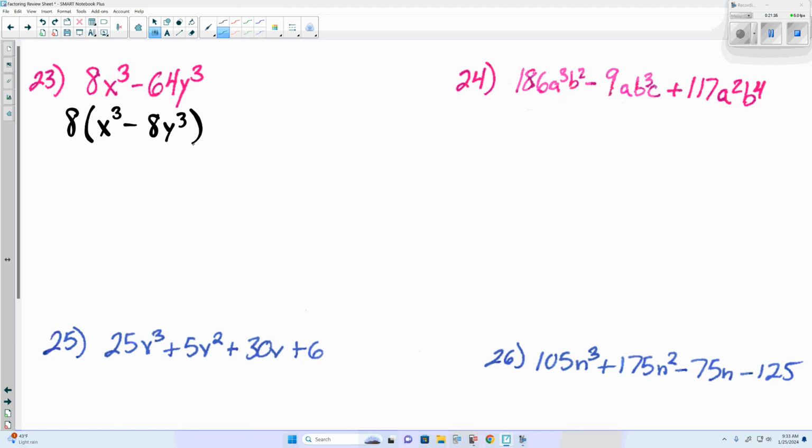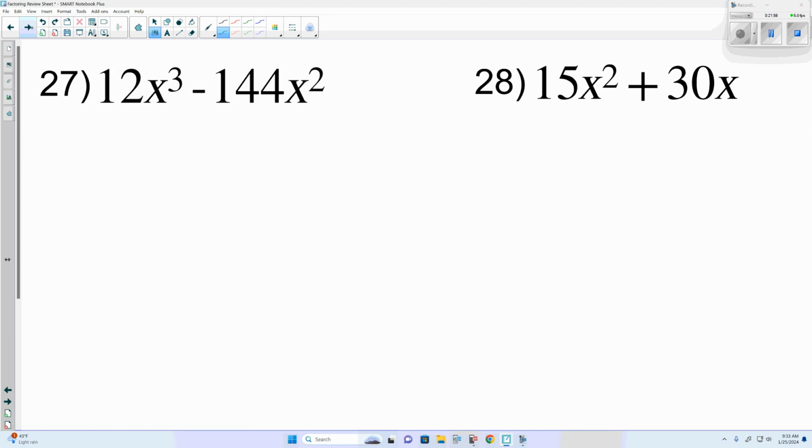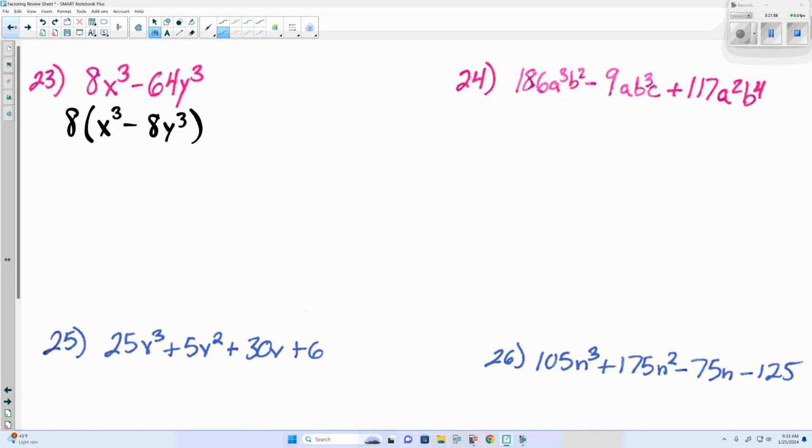Because the greatest common factor is 8, and 8 is a perfect cube, so it would have factored, but that greatest common factor would have been distributed out. Yeah, we can't take the variable out. It wouldn't have been x cubed and x cubed. That'd be x cubed and x squared, which we'll see one like that here in a minute. Then we just pull the greatest common factor out and we'd actually be done.